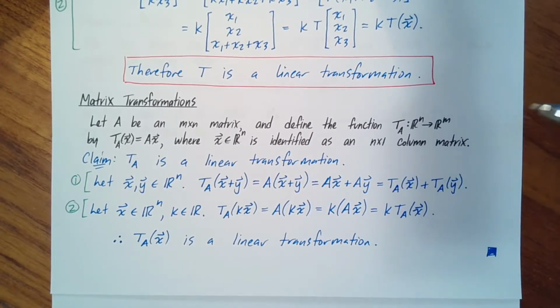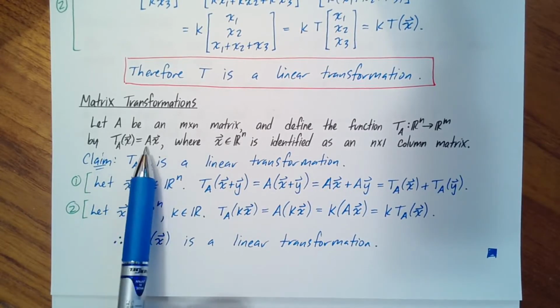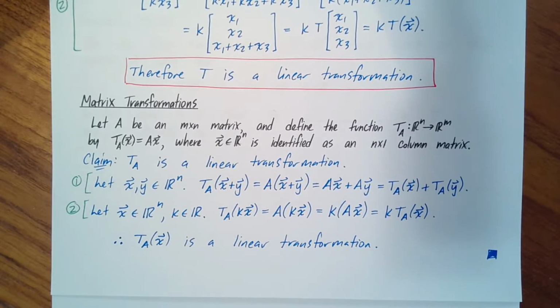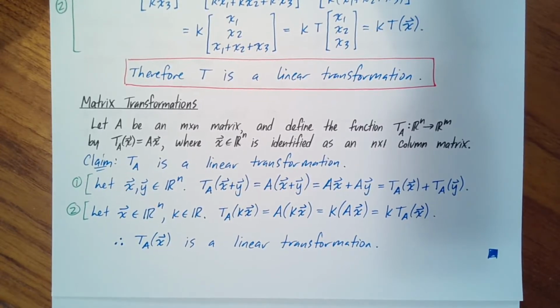So we can actually make this claim stronger. Not only can you always define linear transformations by left multiplying vectors by m by n matrices, but you actually get every linear transformation in that fashion, as long as you're willing to determine what the matrix would have to be in order to do it.